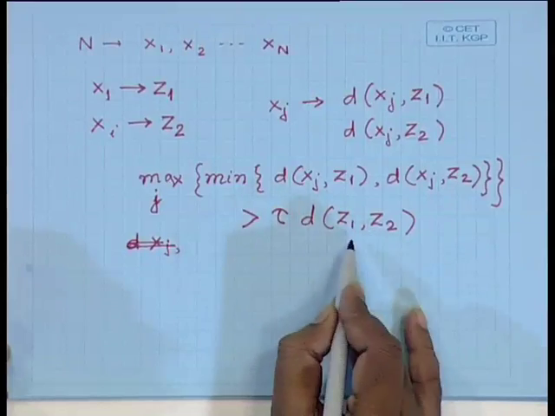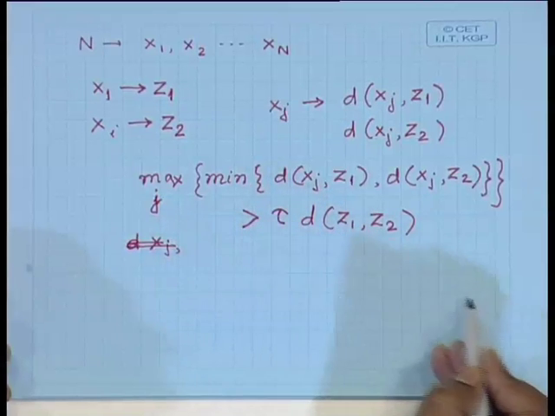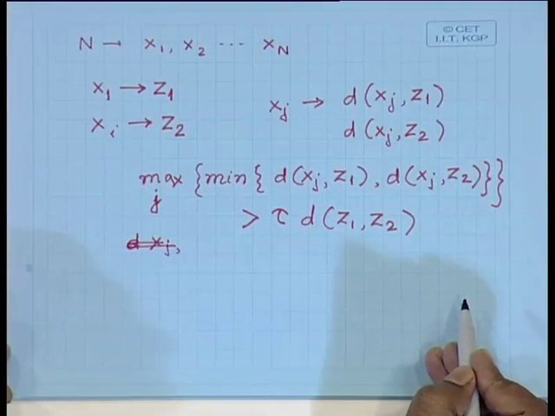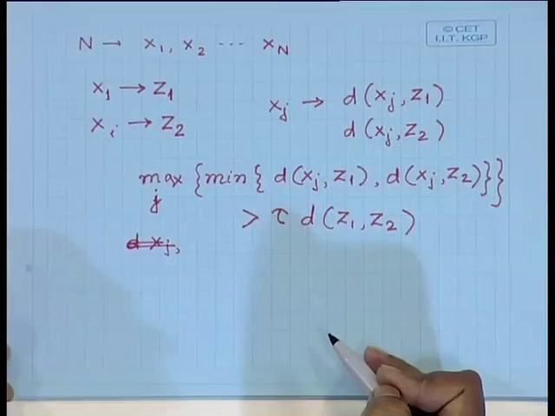If this maximum distance is greater than a certain fraction of the minimum of d(z 1, z 2), d(z 2, z 3) and d(z 1, z 3), then that corresponding point x j I consider to be the fourth cluster center.